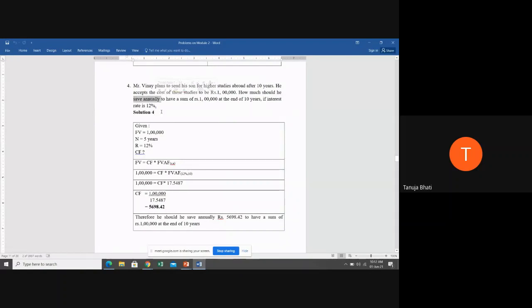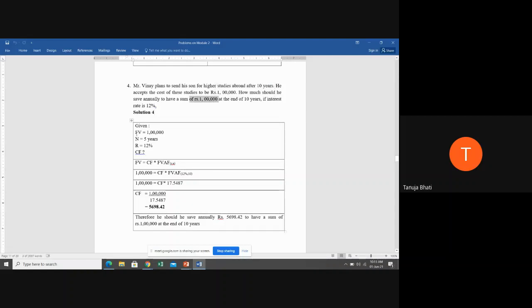Now it is not a single saving he wants to do. It is a saving that he wants to do annually. Annually means every year for a period of 10 years. So obviously it is annuity, and since it is at the end of 10 years, that means it is deferred annuity. So we need to calculate the value for deferred annuity if the future value he wants is rupees 1 lakh.